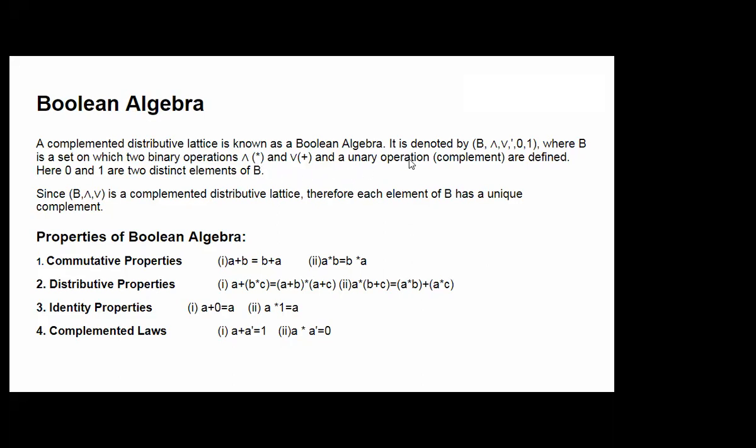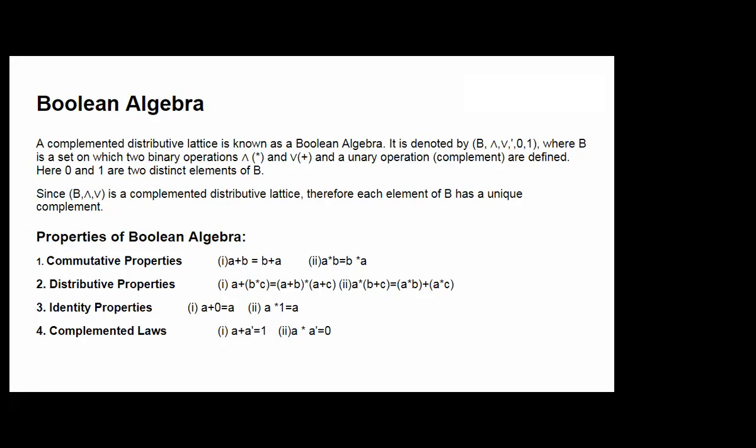And a unary operation, that is complement. Okay. Complement is unary. Unary means what? We can take complement of one element also. So it is a unary. Unary means one. If binary operations, means what?